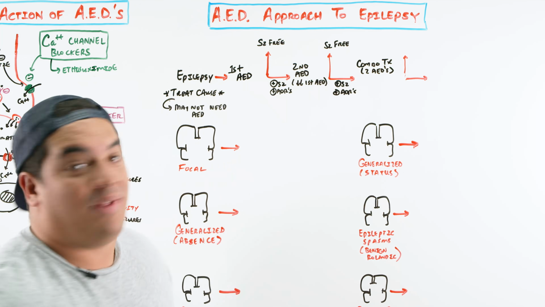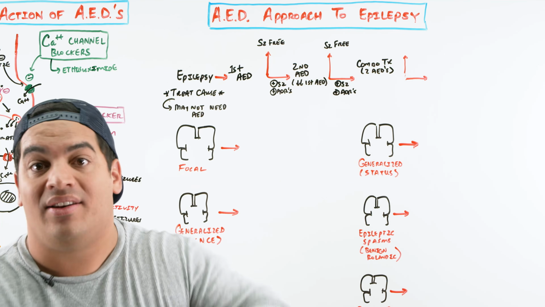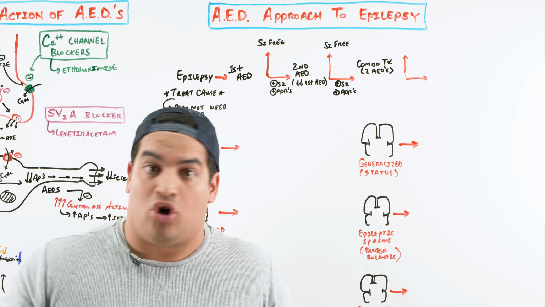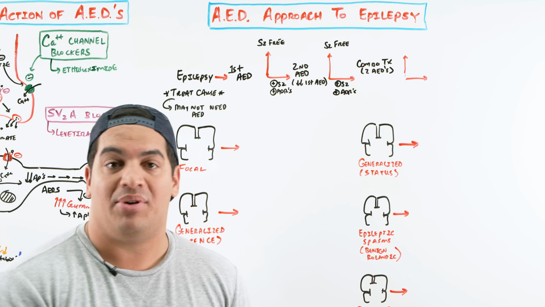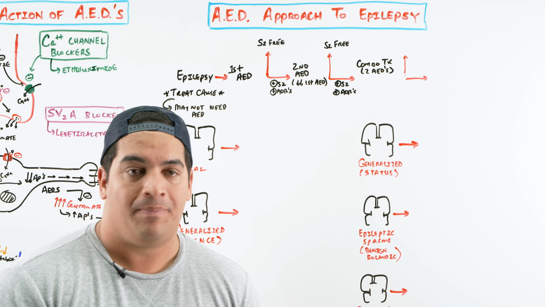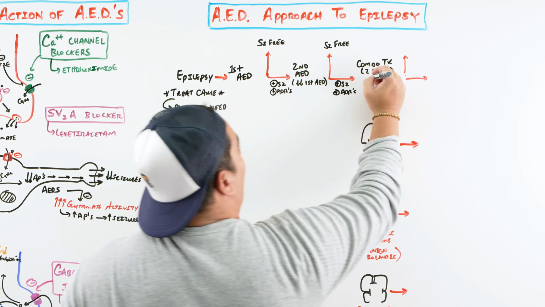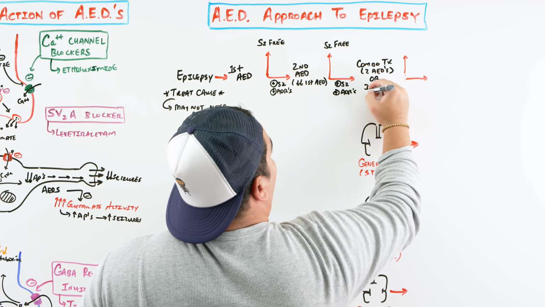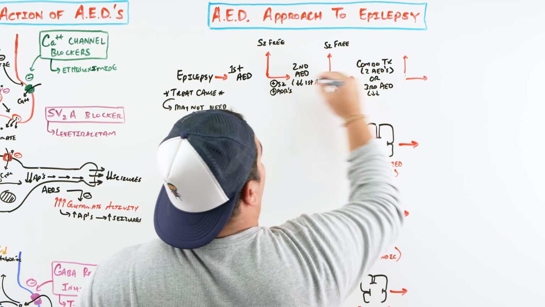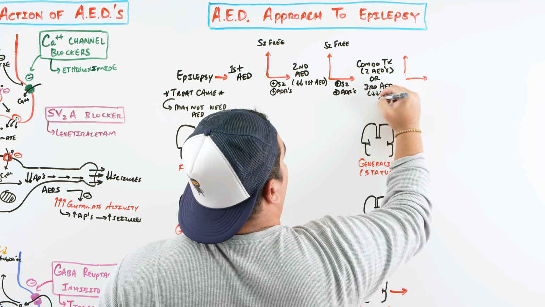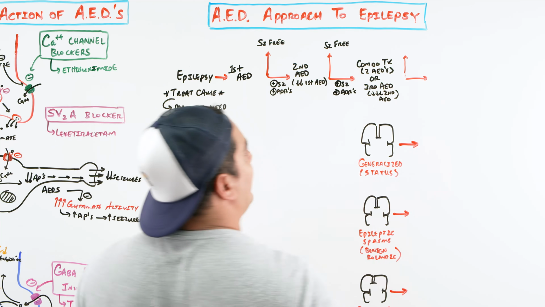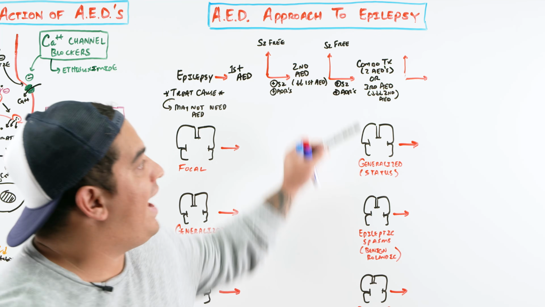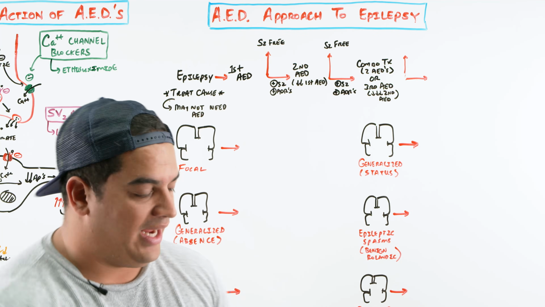I may need something like levetiracetam and oxcarbazepine or carbamazepine to be able to meet that particular demand to stop the seizures. Or I need to pick a third AED and then decrease the second AED. So down titrate that second AED, maximize the efficacy of the third AED.